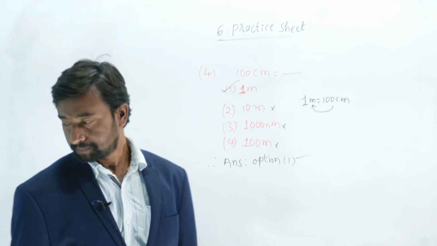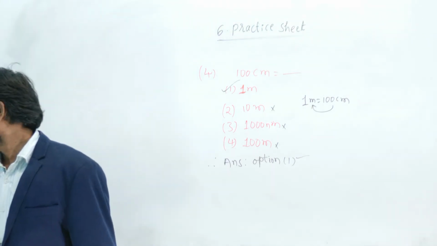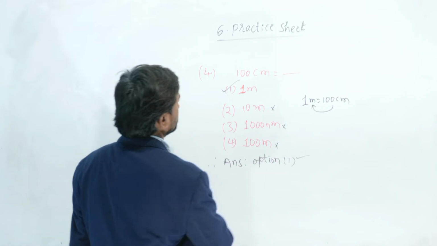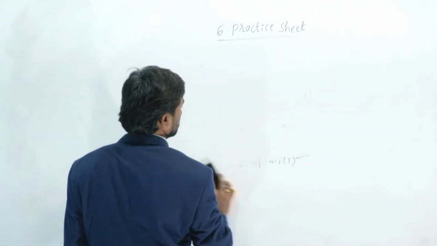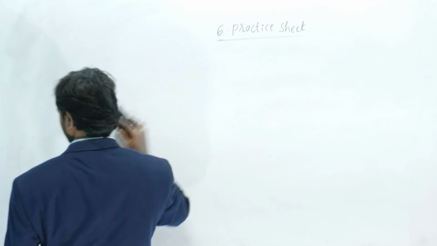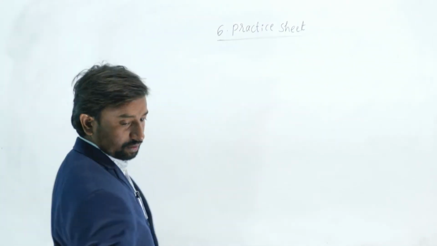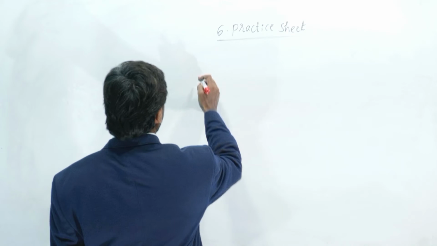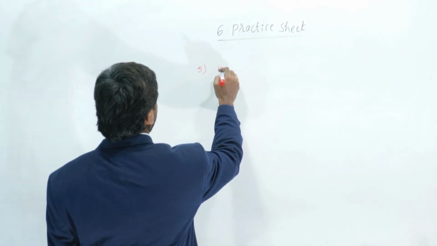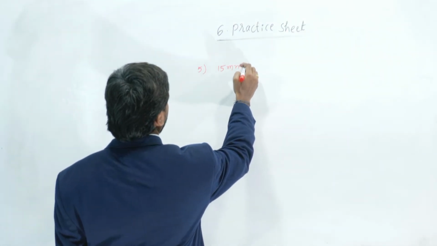Next, fifth question. The fifth question is given here: 15 millimeter square is equal to.